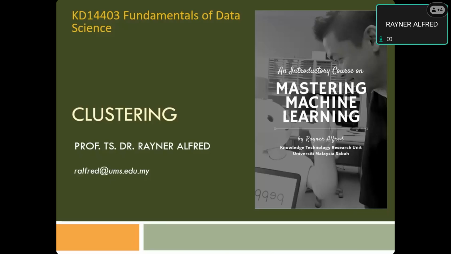Okay, what do you know about clustering? For the previous lecture, we covered classification, right? For classification, you need to have labels for your model to learn the pattern, the rules that they need to satisfy to be classified into certain classes.